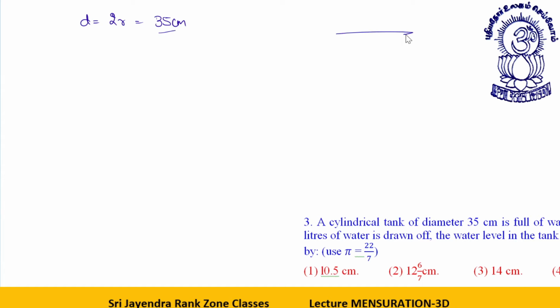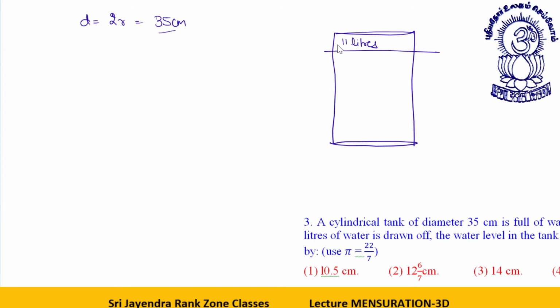This is full of water. Now, what we do, dear students? From this, we extract 11 liters of water. If I take out 11 liters of water, let's say this whole portion is 11 liters.